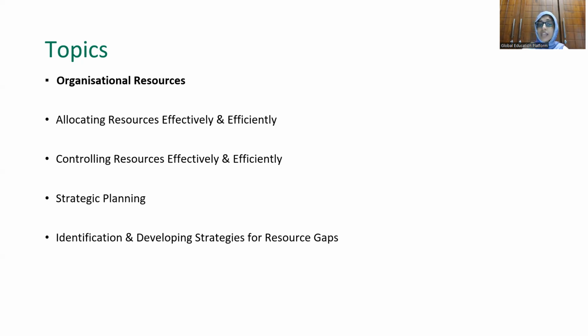There are different types of organizational resources. However, there are 4 main resources that we generally consider, which we will talk about. These 4 are the financial resources, the human resource, the tangible or the physical resource, as well as the intangible resource.